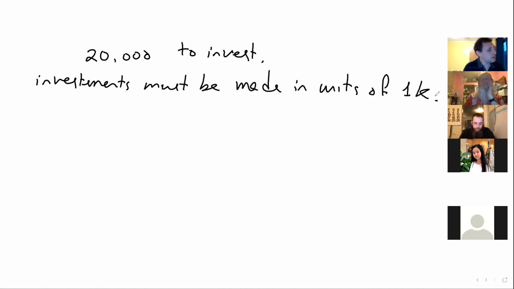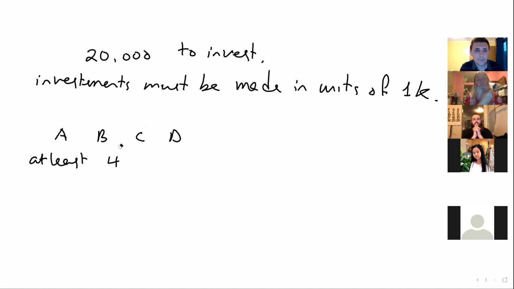Okay, and then you have option A, option B, option C, option D, 4 options, and each option has to have at least 2,000. Okay, how many possible investments can be made if you have to invest all of the money along A, B, C, or D?